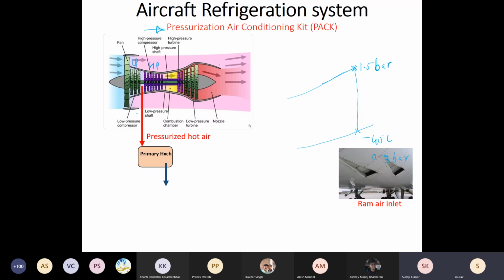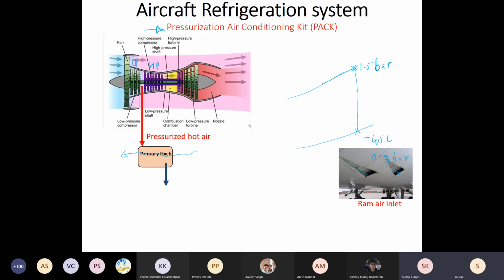Now, in order to cool this air, we again use the ambient air which is available. That air is taken in from the bottom side of the fuselage. There are two inlets provided here in order to cool this pressurized hot air coming from the compressor.